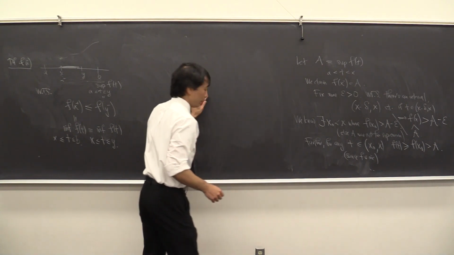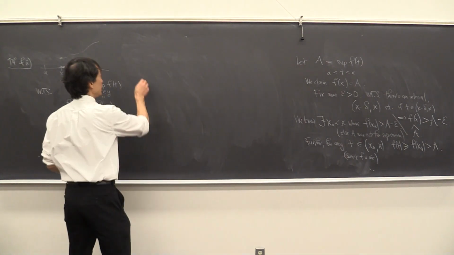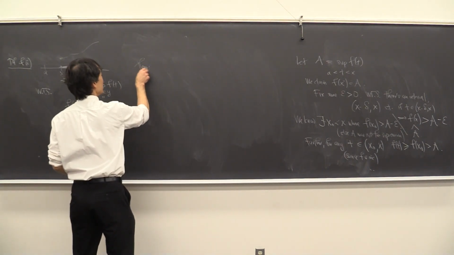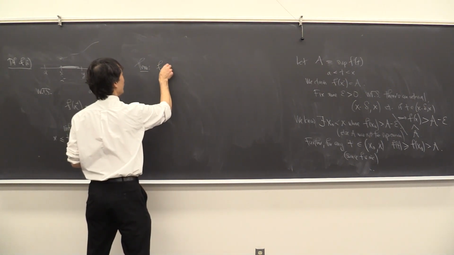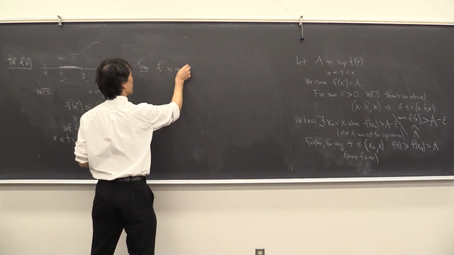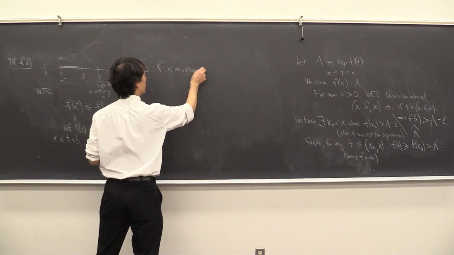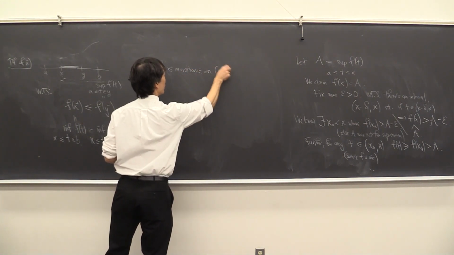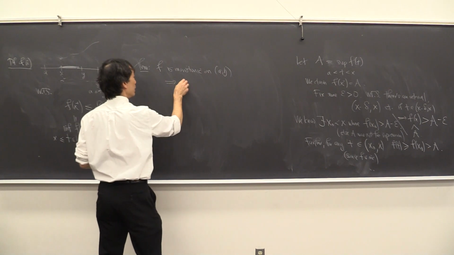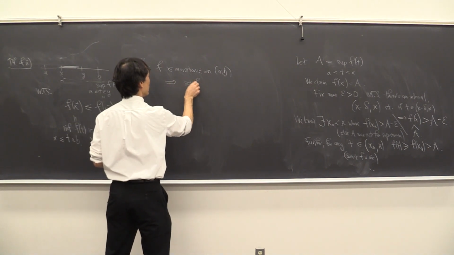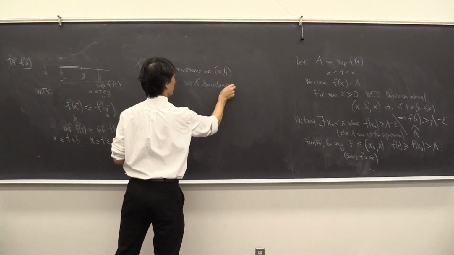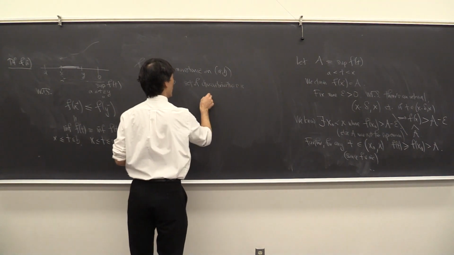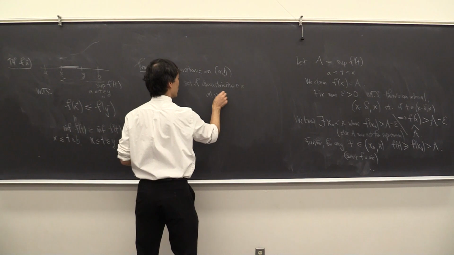Okay. So now we get to the theorem that's at least somewhat interesting. So if f is monotonic on some interval, then the set of discontinuities is at most countable.